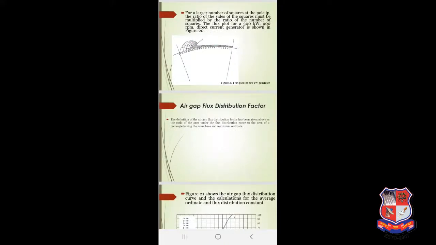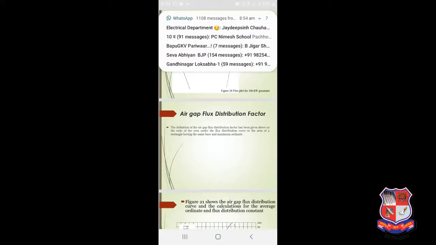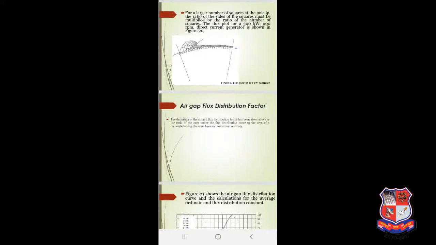Now the air gap flux distribution factor. The definition of the air gap flux distribution factor has been given above as the ratio of the area under the flux distribution curve to the area of the rectangle having the same base and the maximum ordinate.